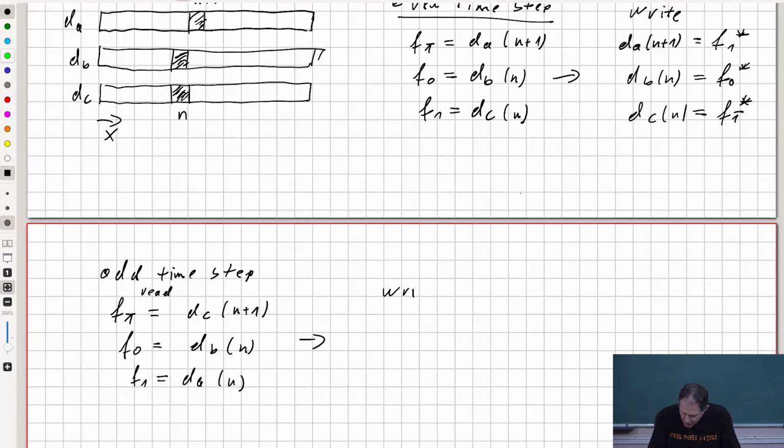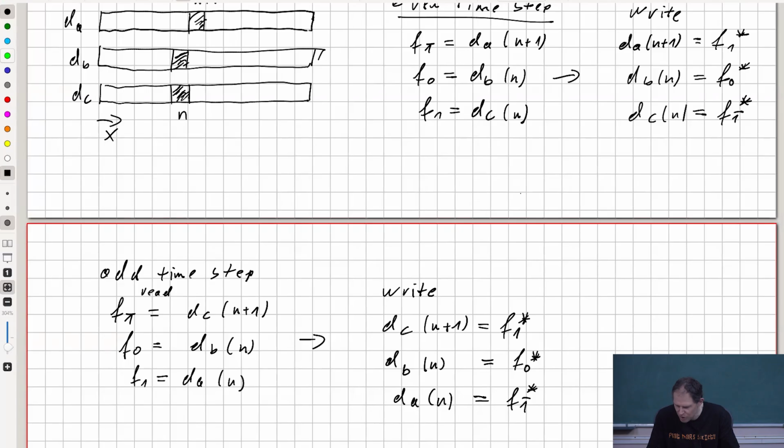Then we do the write afterwards. Now we write to dC N plus 1 we write F1 after collision, dB N we write F0 after collision, and to dA N we write F minus 1 after collision, and by this we are back to the original state.